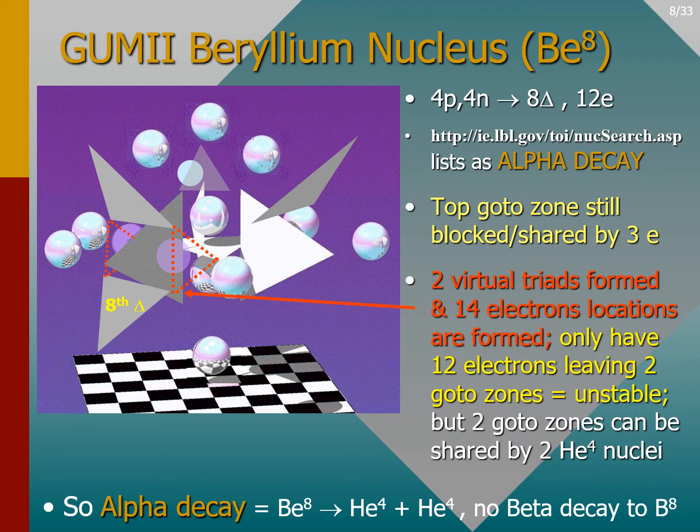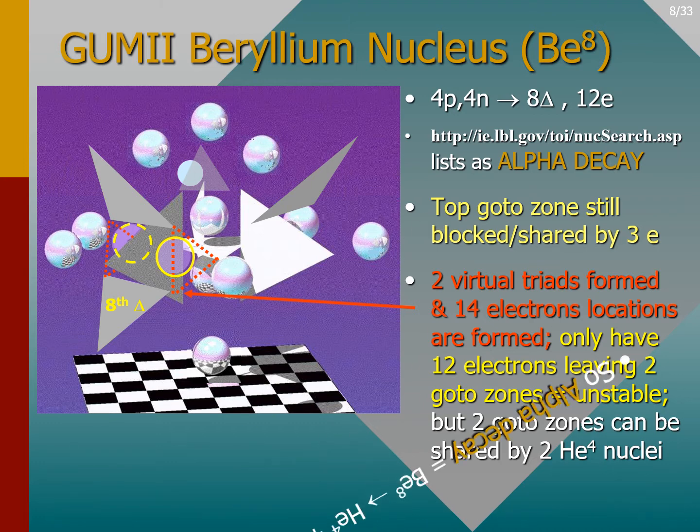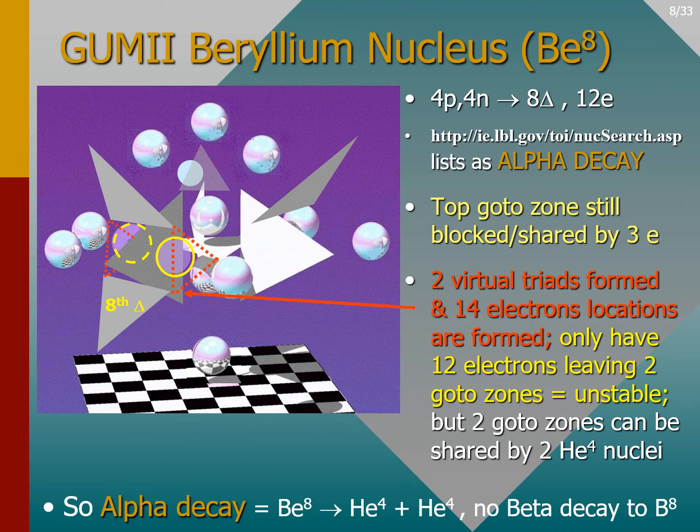But there are only 12 electrons available, and that leaves 2 go-to zones. And since a stable nucleus only wants to trade energy with one go-to zone, some kind of ejection has to occur. What happens is that the 2 go-to zones can be shared nicely by 2 helium-4 nuclei. So the beryllium-8 nucleus splits in half via alpha decay.